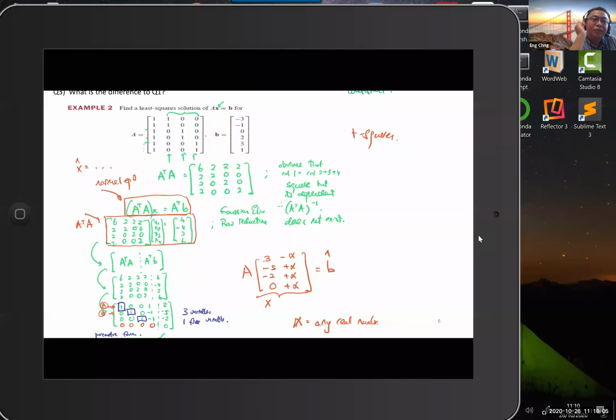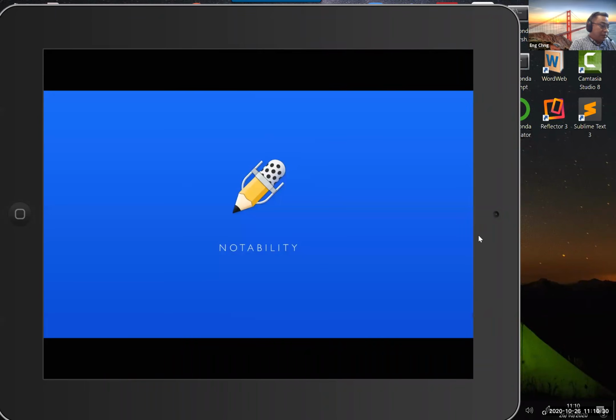In fact, these three questions are very nice. They give you a very big picture of what the least squares solution is all about. Any questions? No? Then I'll just do question 4. But before that, maybe I want to highlight this.